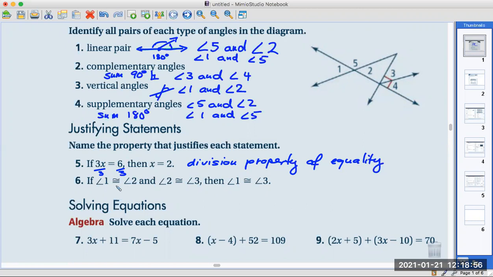If angle 1 is congruent to angle 2 and angle 2 is congruent to angle 3, then angle 1 must be congruent to angle 3. So you can skip the middle and set the first and the last equal to each other. That's called transitive property, and it's congruence because of the symbol.